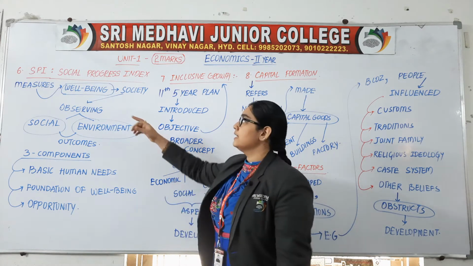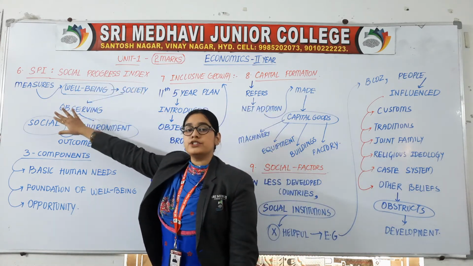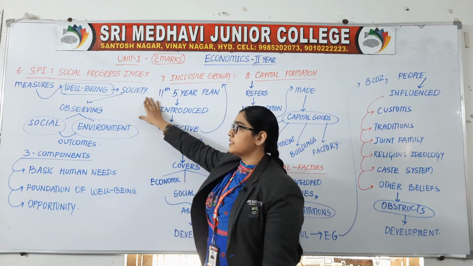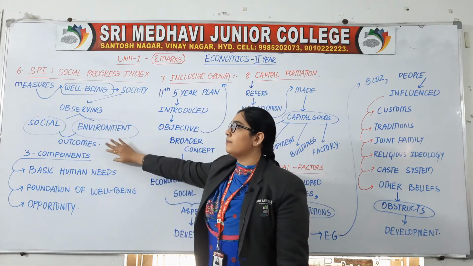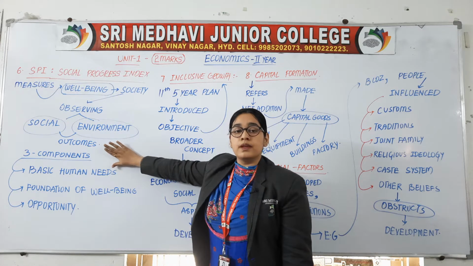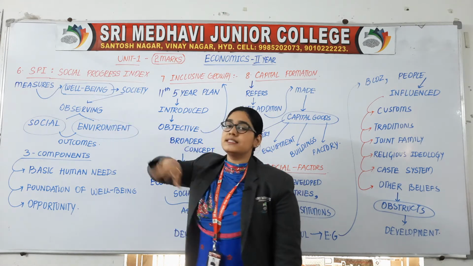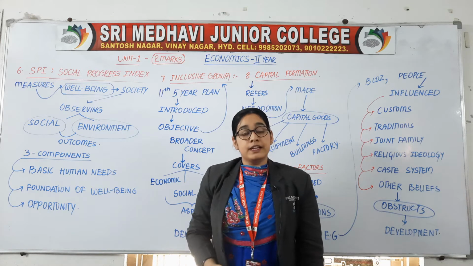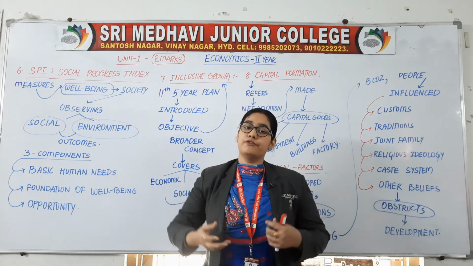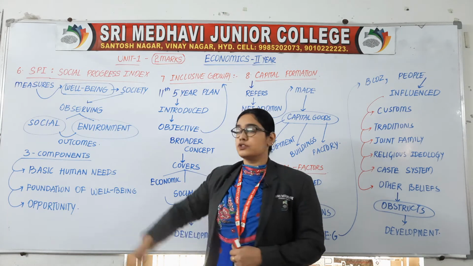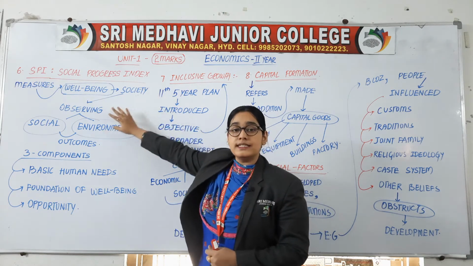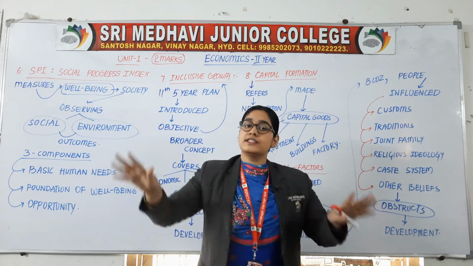So let us see. SPI measures the well-being of society by observing social and environmental outcomes. Well-being in the sense, the state of being happy, the state of living a comfortable life, that is called as well-being. So SPI measures the well-being of a society.